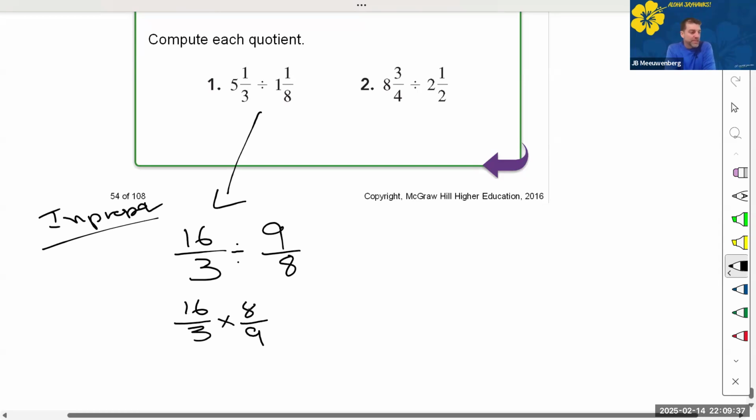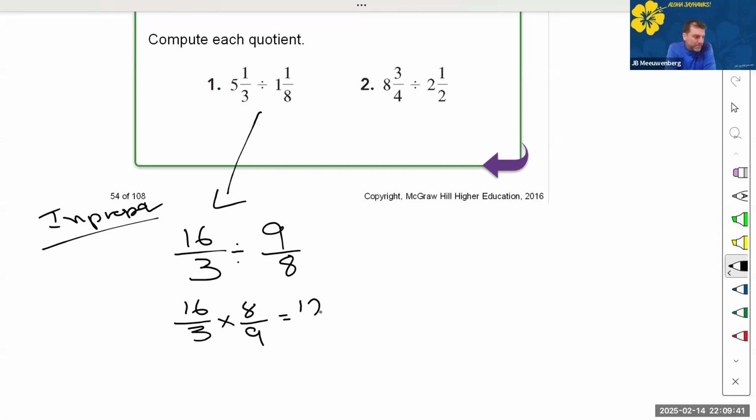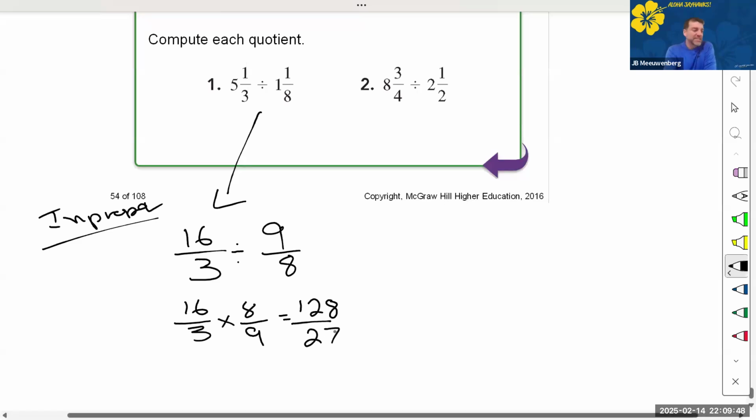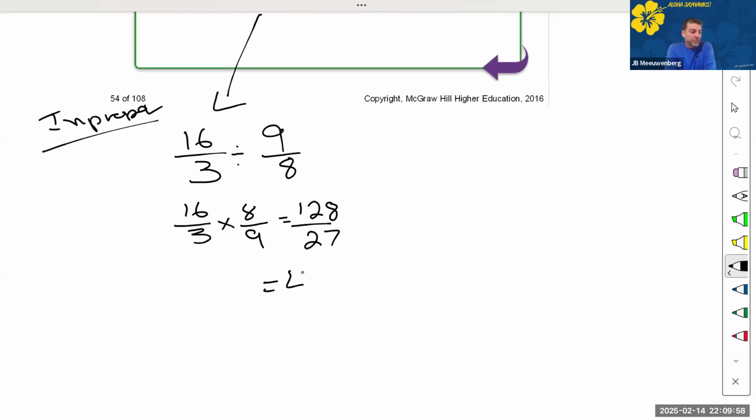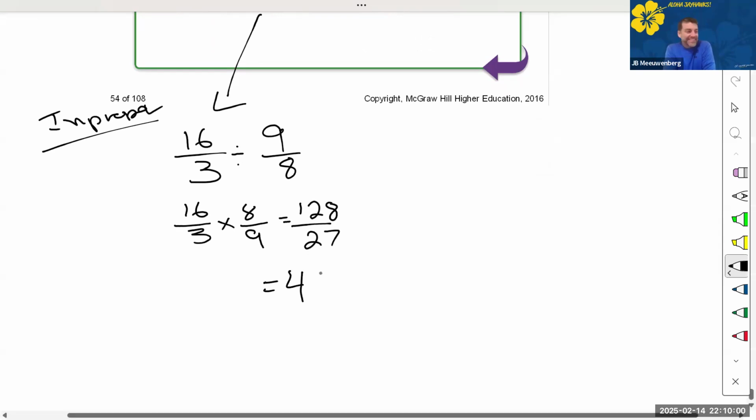So we would do 16 times 8, which is 128, and 3 times 9, which is 27. Change that into a mixed number. 27 times 4 is equal to 108, which leaves us with 20 over 27.